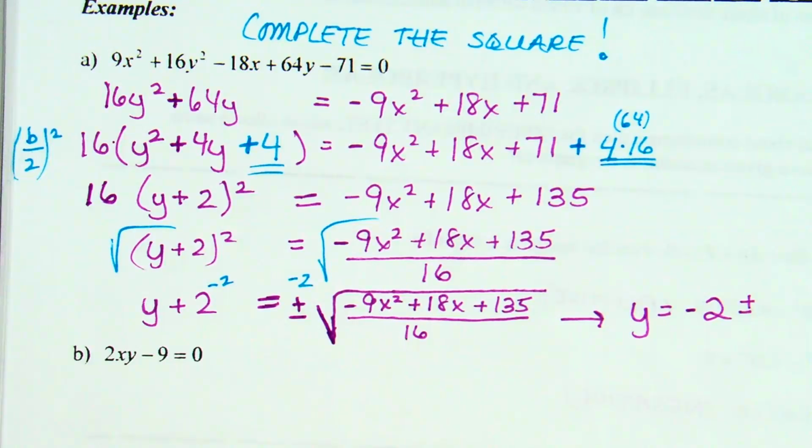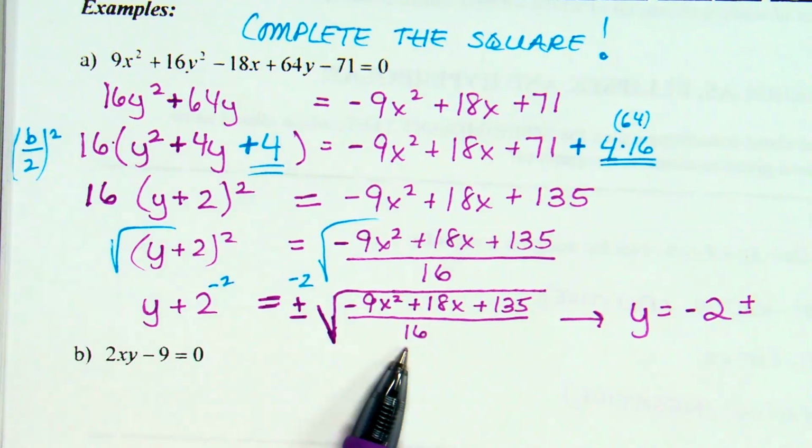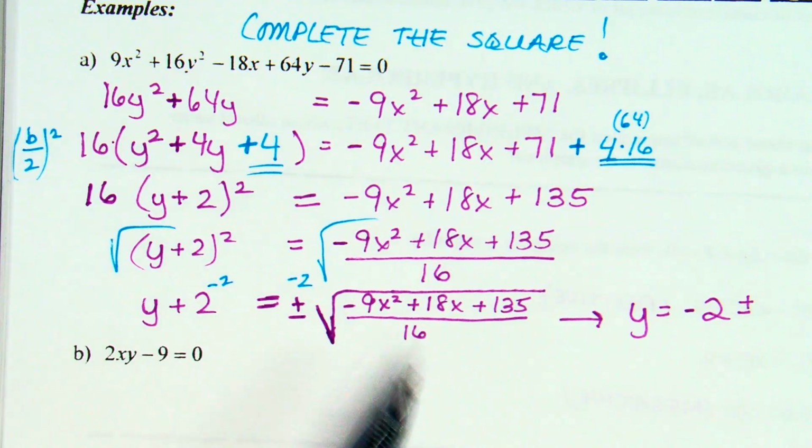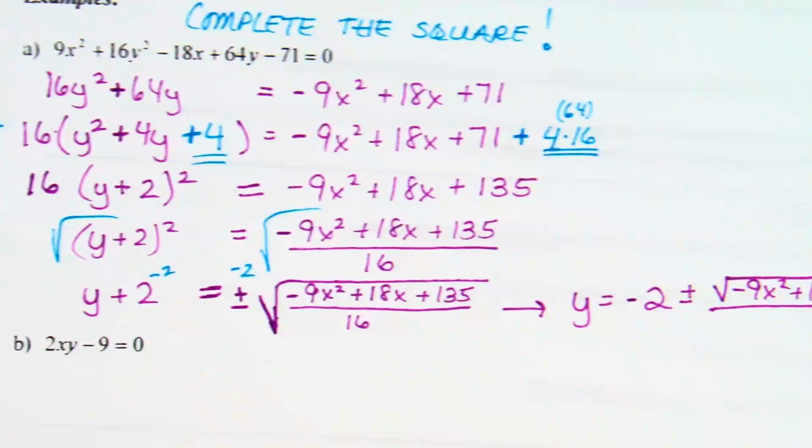Now, there's a couple different ways we can do this. And I'm usually pretty accepting of various options. But one thing, do you guys see something obvious under that square root? 16 is a perfect square. Can I take the square root of 16 then? Yes. So one option, and it's a pretty easy option, is to leave the radical on the top. So negative 2 plus or minus the square root of negative 9x squared plus 18x plus 135, and then put the fraction all over the whole number 4.